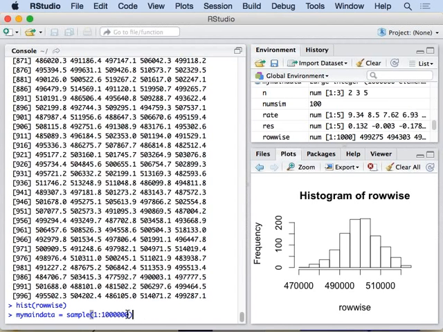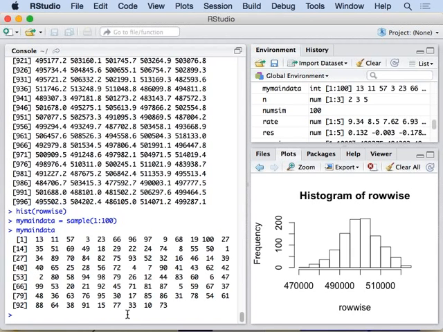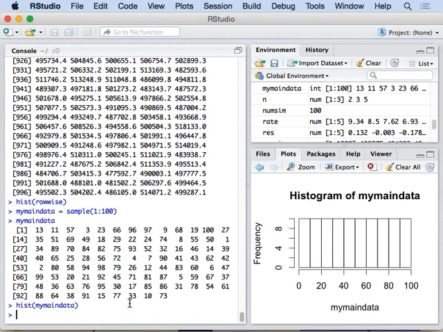Let's try with data which is very small. Say 100 samples. So my main data is only 100 numbers. If you do a histogram of my main data, then it's very flat.